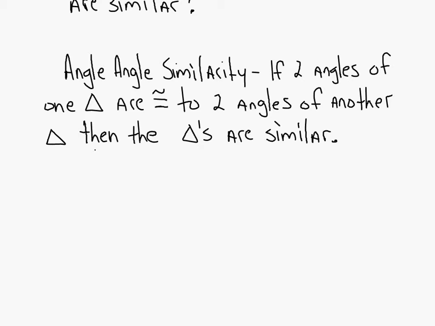In the example that's given on the bottom of page 478, you've got a smaller triangle JKL, and you're given two angle measures. Angle L is 57 degrees. Angle J is 48 degrees.